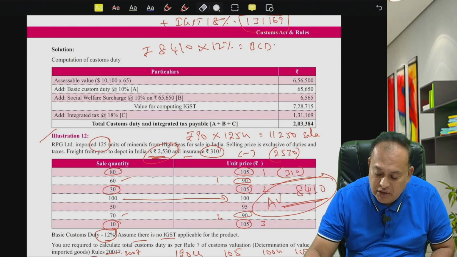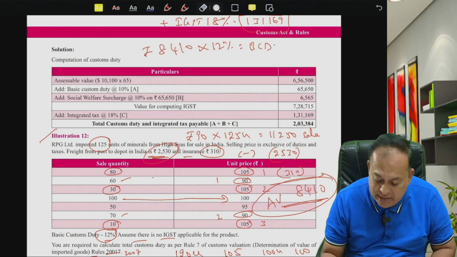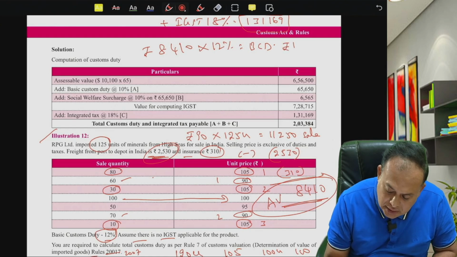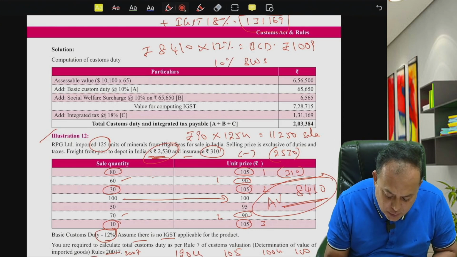8,410 multiplied by 12% BCD given here is equal to 1,009. Wherever BCD applies to imported goods, add 10% social welfare surcharge on BCD, which is 101.